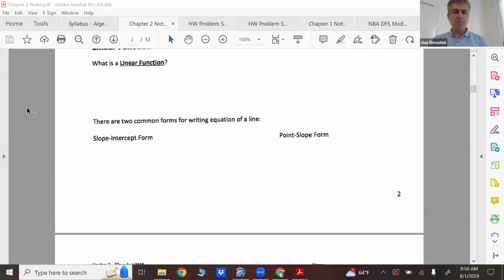Now, point-slope form. Oh, that's hard to read. Let me rewrite it like this.